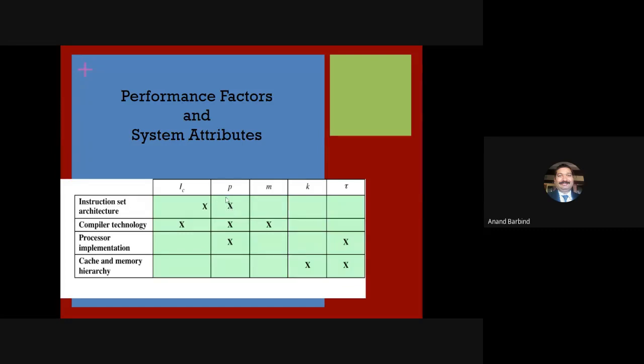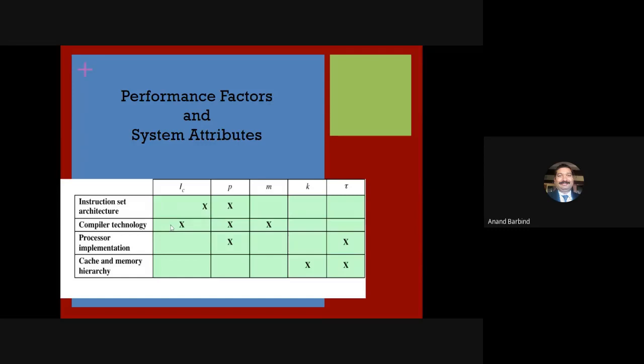Okay, P, that is the internal cycle time, is again different. So internal architecture defines how many internal cycles are required for execution of the instruction. Then the compiler technology again affects the number of instructions. The job of the compiler is to convert the higher level language. Usually we do not write directly in low level language instructions, so a compiler converts the high level language instructions into low level language instructions.